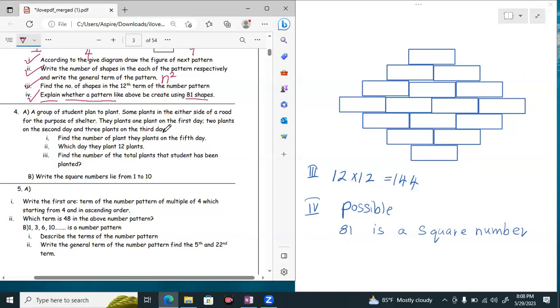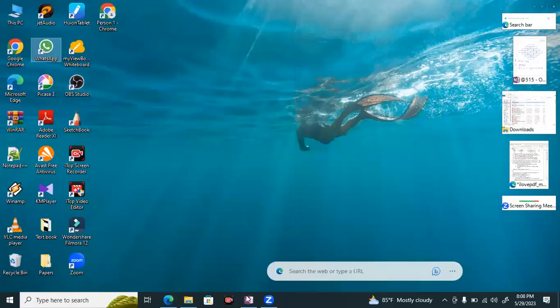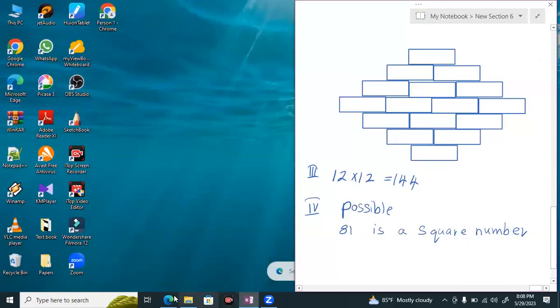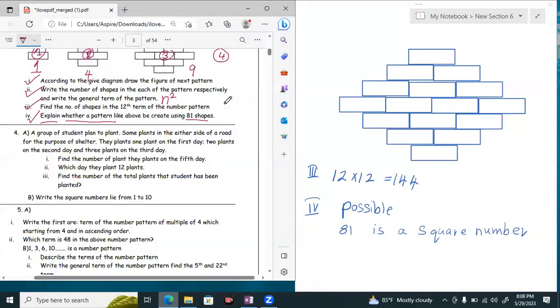Actually, I explained that this is, oh sorry, I explained that this is a square number pattern, but he has a doubt with what is the general term of this pattern. It doesn't matter.